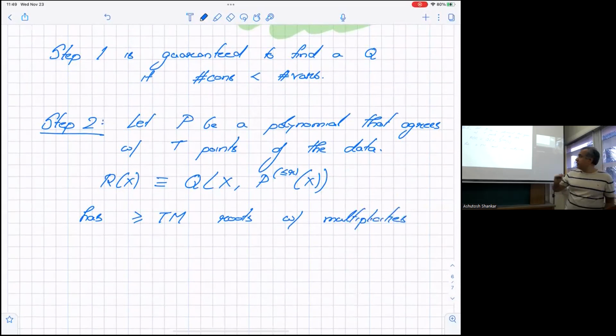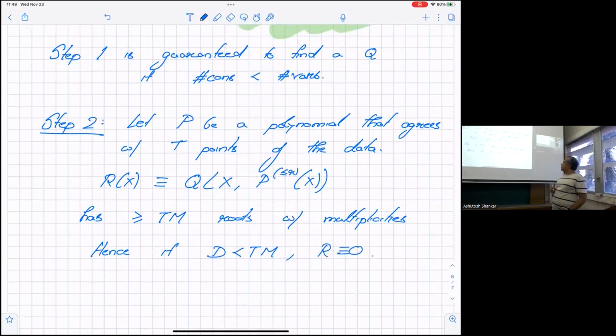Step one was completely reverse engineered in order to ensure this. Hence, if D is less than T times m, then R is identically zero, because the degree of R is less than or equal to D.